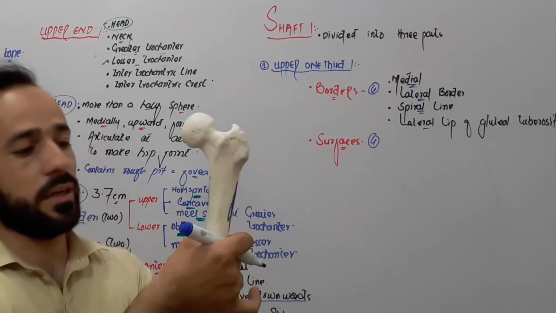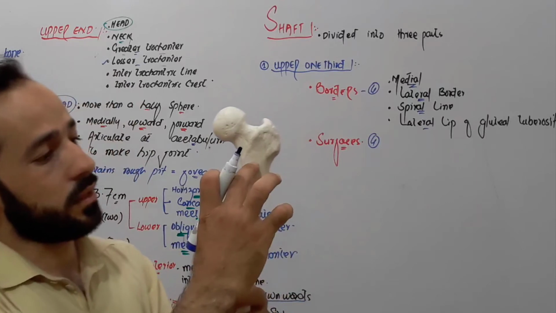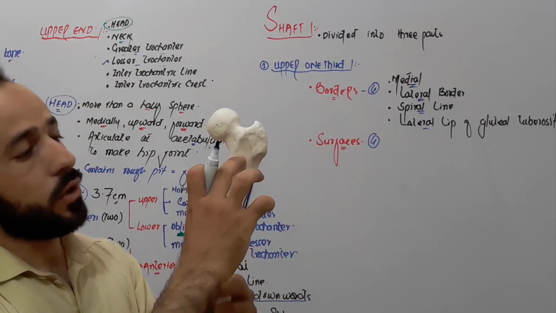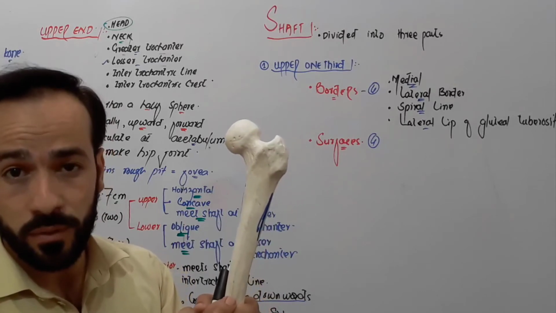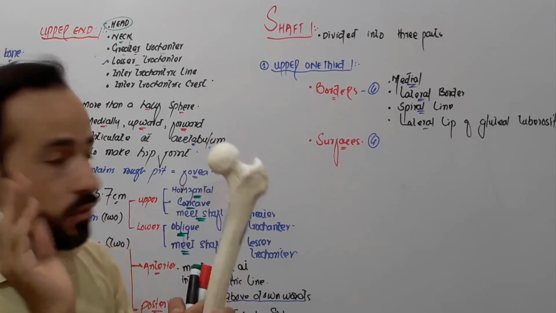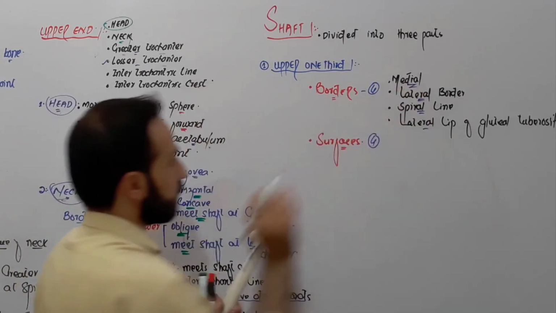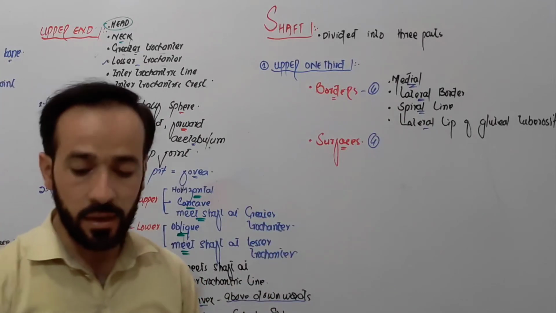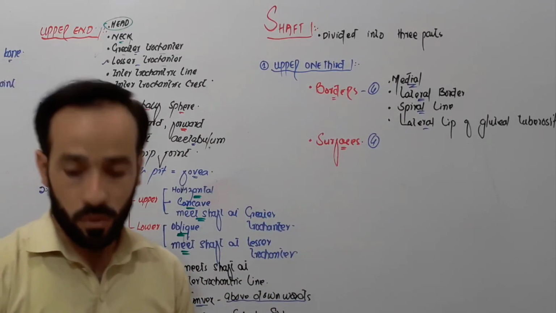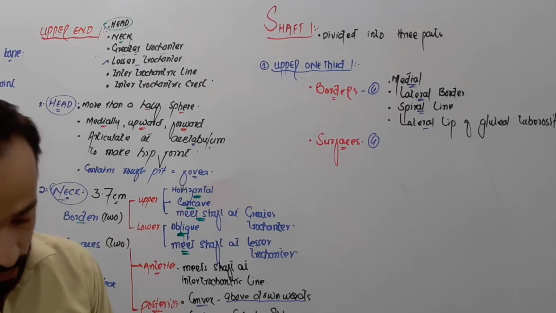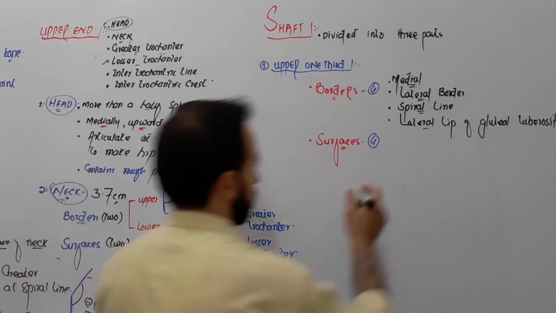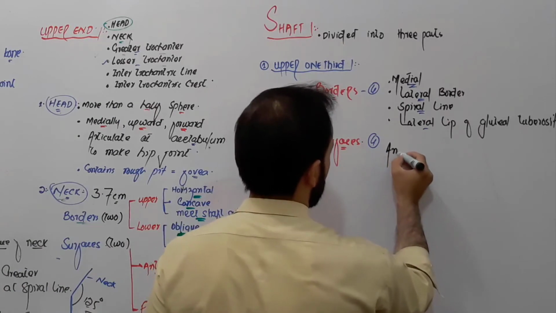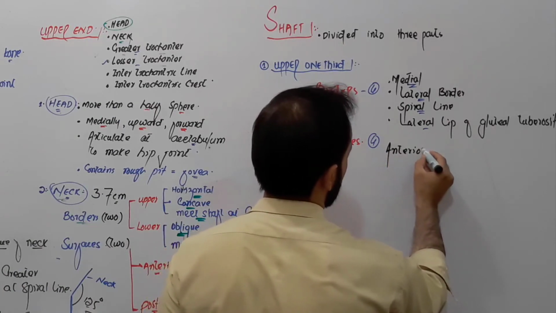So the upper end of the shaft of the femur bone, or the upper 1/3 of the shaft of the femur bone, has how many borders? 4 borders. Medial border, lateral border, spiral line, and the lateral lip of the gluteal tuberosity. Then my dear friends, it has 4 surfaces. Look, there is the anterior surface, I will show you.